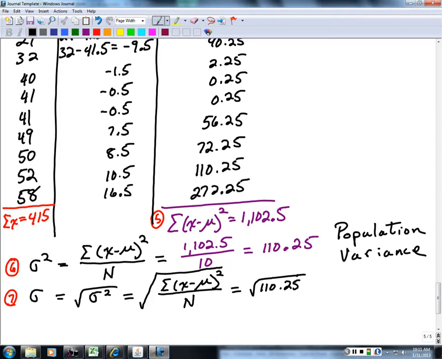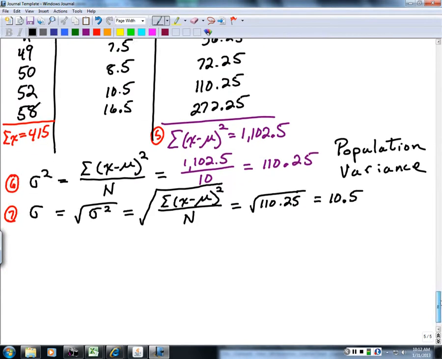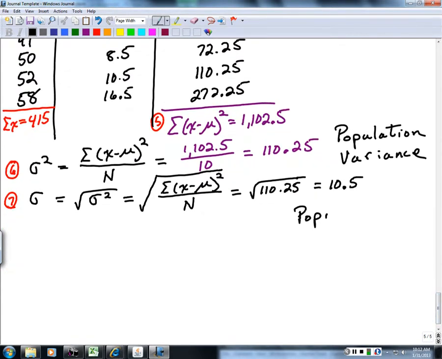And what we would try to do is do as little calculating as possible until we get to the end. In other words, I'd do the squares, I'd add them all up, and then I'd divide by this number and take the square root at the same time. I'd do it all at the same time. That way I try to mitigate round-off error. In this particular case, it's not such a big deal. And so my population standard deviation is 10.5. That's, as I said, the population standard deviation.